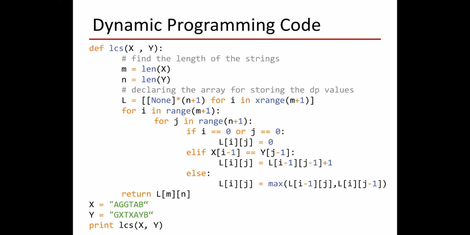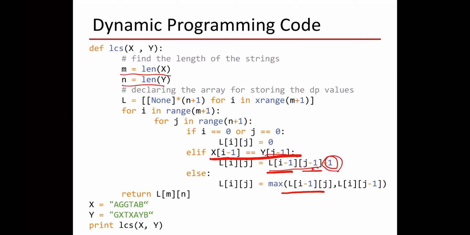Okay, the code that I'm using is in here. So I define the 2-dimensional array. Then from there, if it is a match, my value is +1.